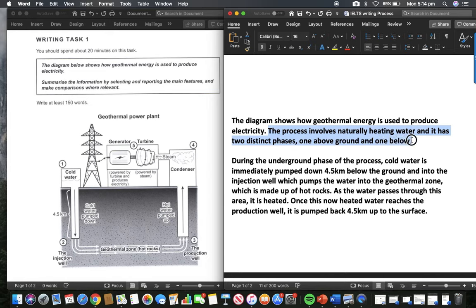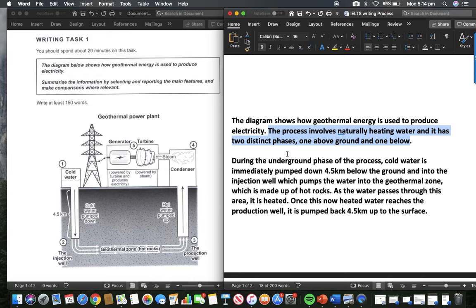And then here I have my overall. So here I've said overall, the process involves naturally heating water, and it has 2 distinct phases, one above ground and one below. So I've pointed out that the process uses heating water, and I've mentioned the 2 phases. That's what I really felt like.